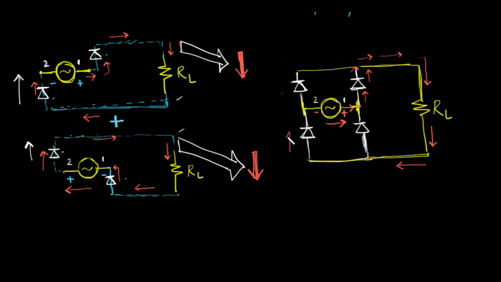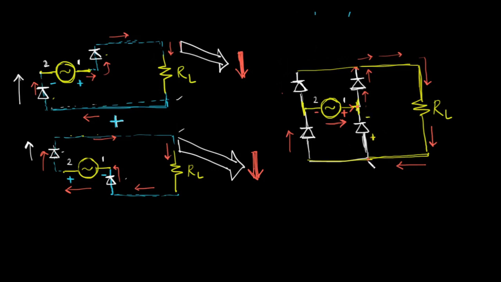But why doesn't the current go through this diode? This is because if a diode has to conduct, if a diode has to turn on, then the anode of the diode has to be more positive than the cathode. That means the voltage of the anode has to be more positive than the voltage of the cathode.